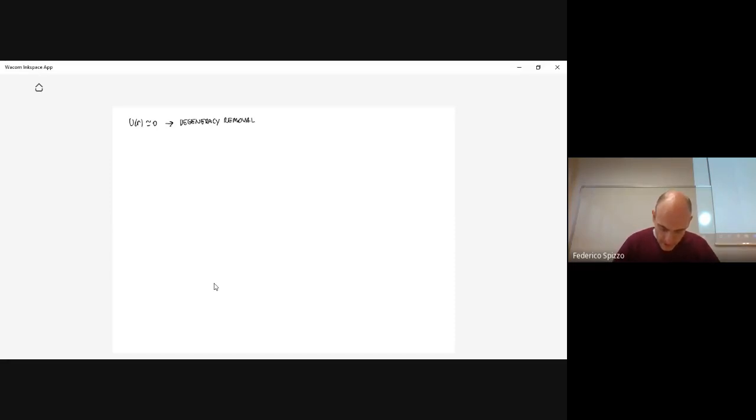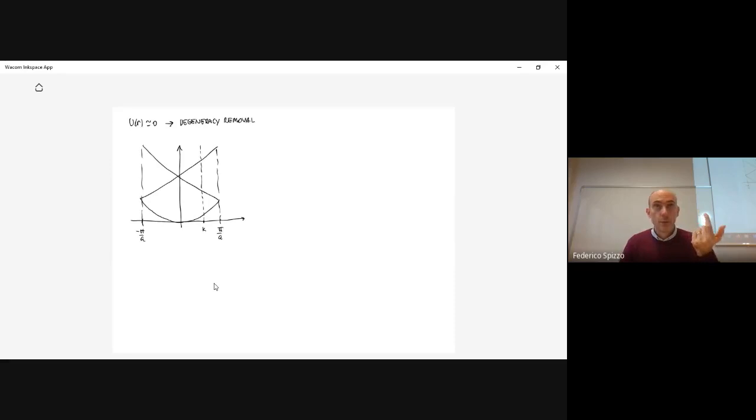In the previous diagram, we saw that if you pick up K here, then when this vertical line intersects any branch, you have just one solution.